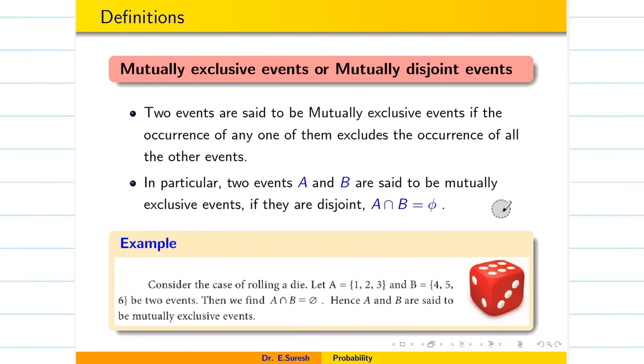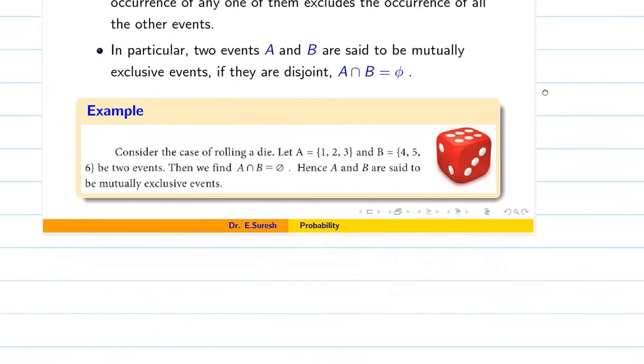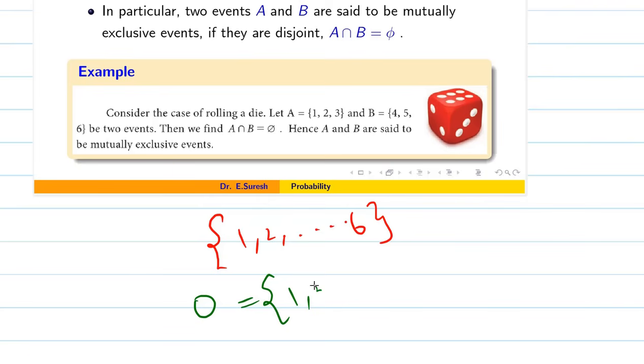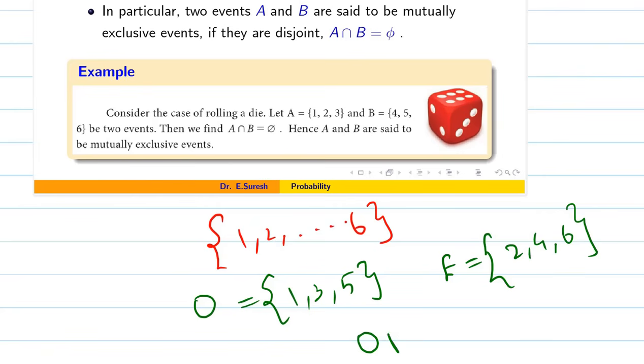As I said, if you take a die, let me explain. My sample space is going to be 1 to 6. A guy is betting on an odd number, so 1, 3, 5. A guy is betting on an even number, 2, 4, 6. Now you see the events odd number and even number are mutually exclusive, right?